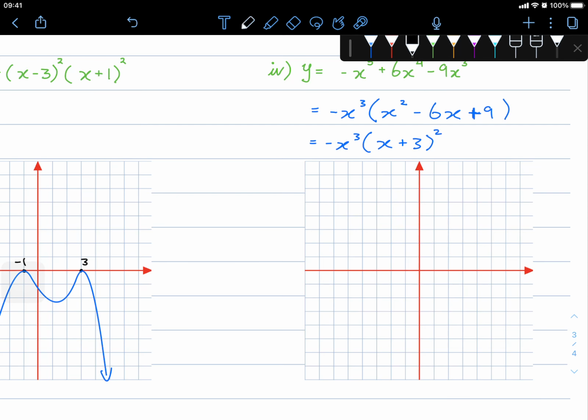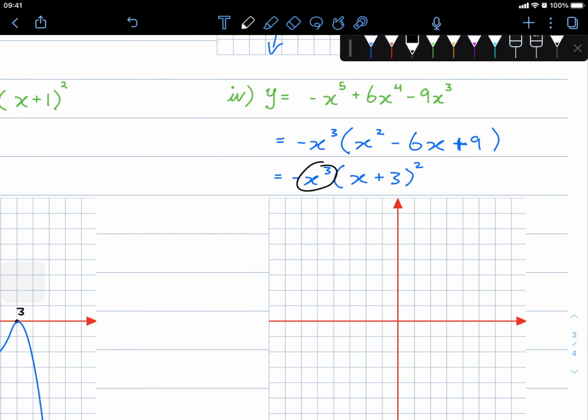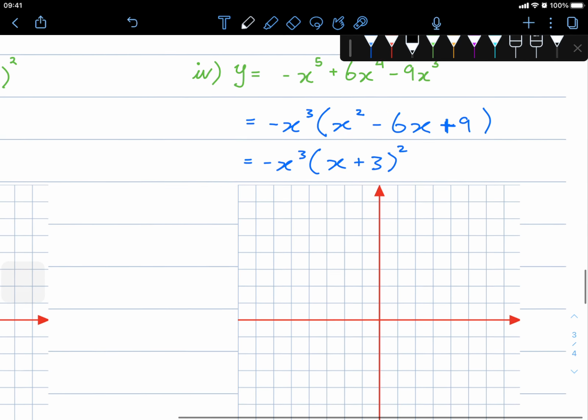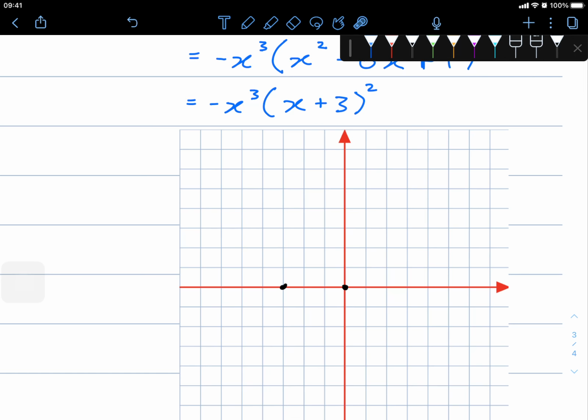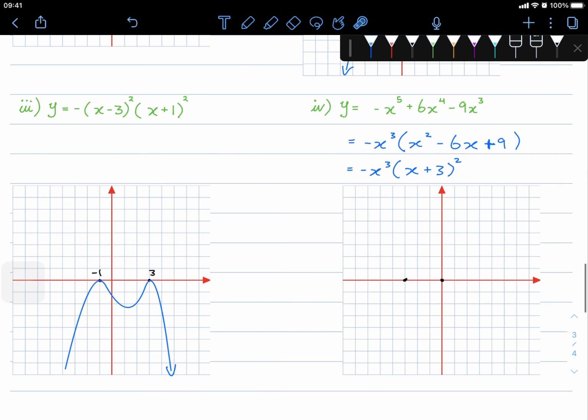We know, because of this triple, that there's a horizontal point of inflection at 0, and at negative 3 it has a turning point and x-intercept. So doing a quick sketch, I can already imagine the graph looking somewhat like this. It does this, it stops, and it comes back down like that.